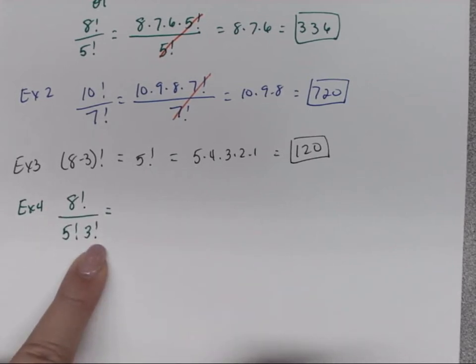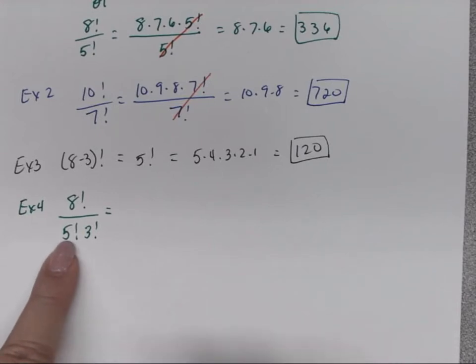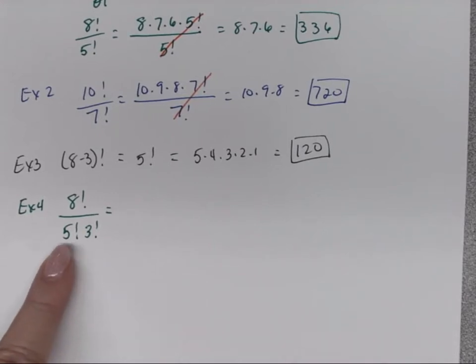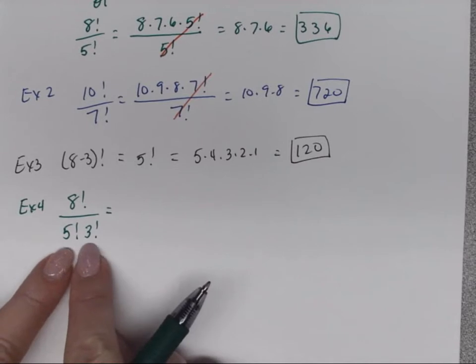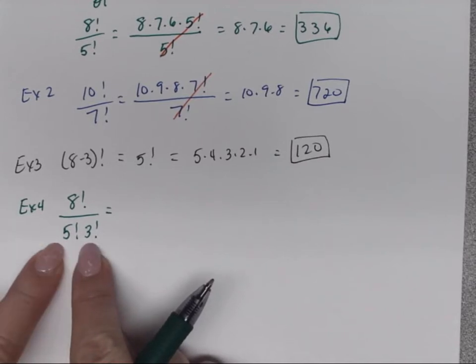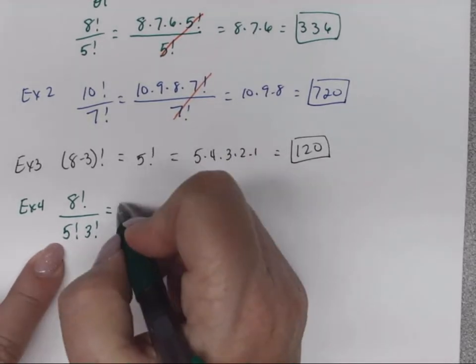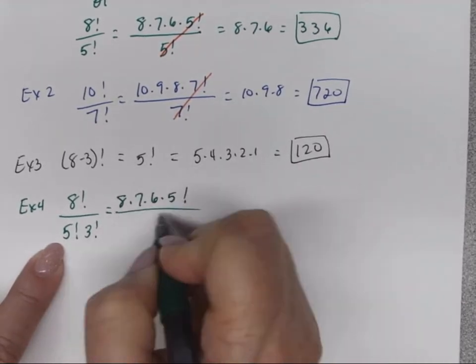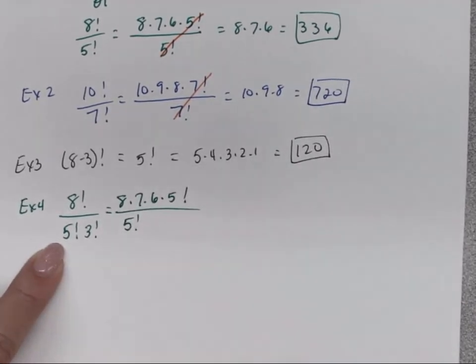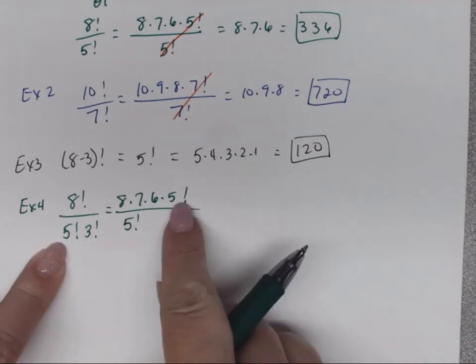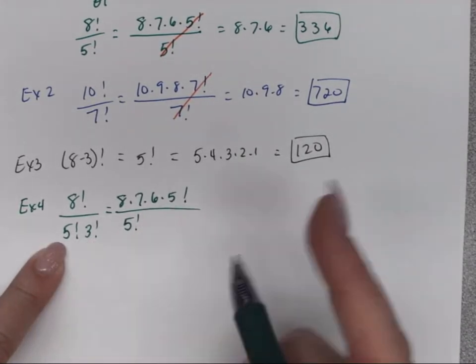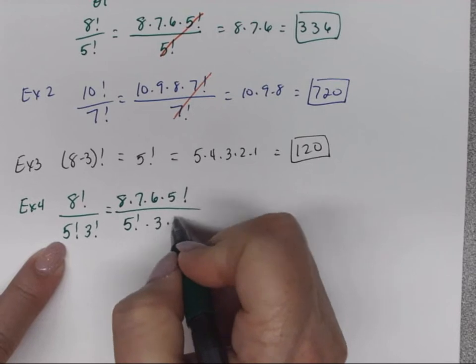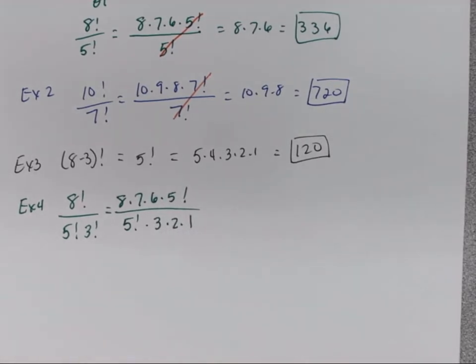Now, we can't divide out both at the same time. Since 5 factorial is bigger, we'll stop at the 5 and then spread the 3 out. So we'll have 8 times 7 times 6 times 5 factorial over 5 factorial. But this 5 factorial cannot cancel out the 3. So we then do 3 times 2 times 1, if that makes sense to you.